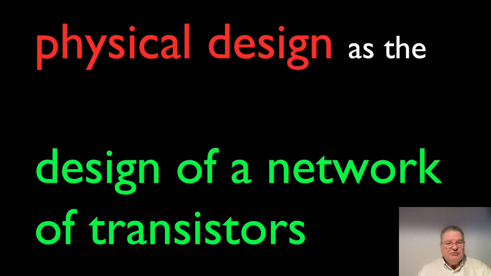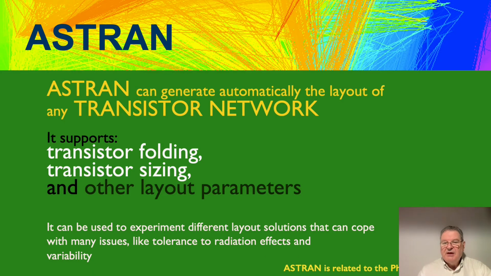And then we consider that we should move from physical design as place and route of cells from a library to place and route of transistors. So the design of a network of transistors.